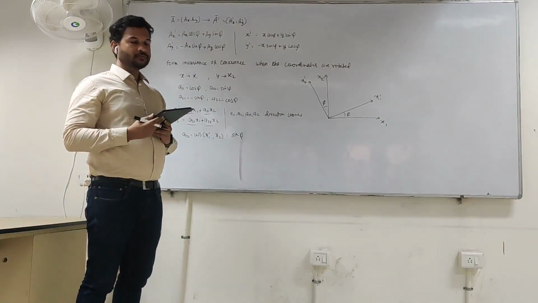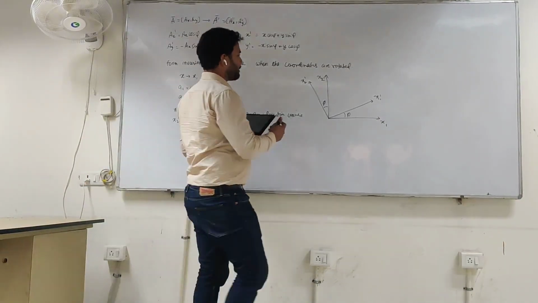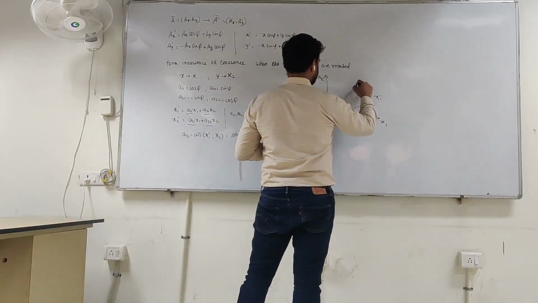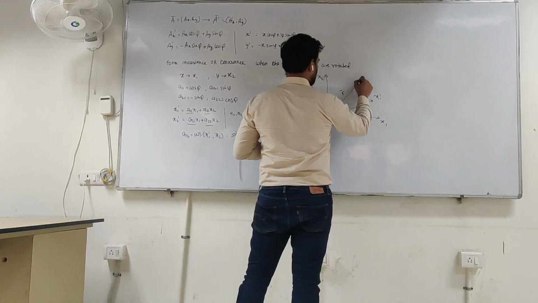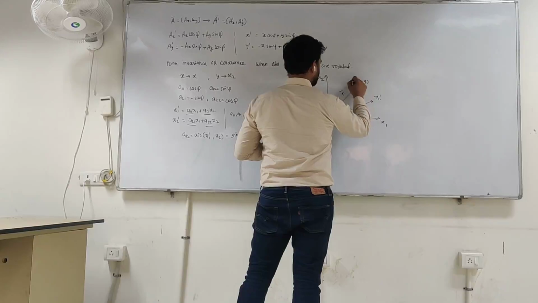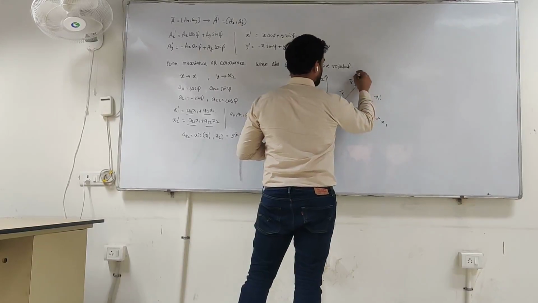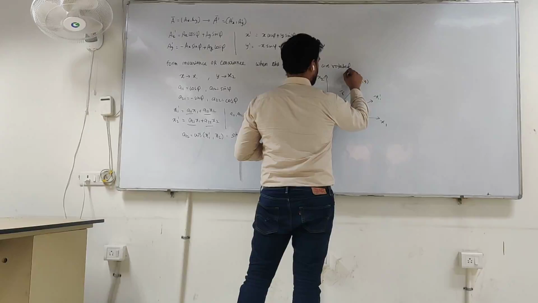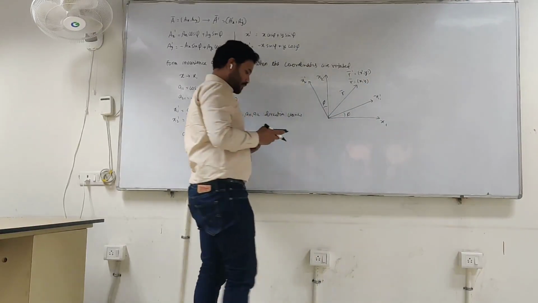And you have a vector r whose coordinates are x, y in the unprime coordinate system and x prime, y prime in the prime coordinate system.